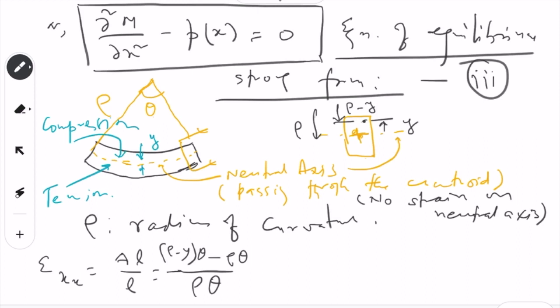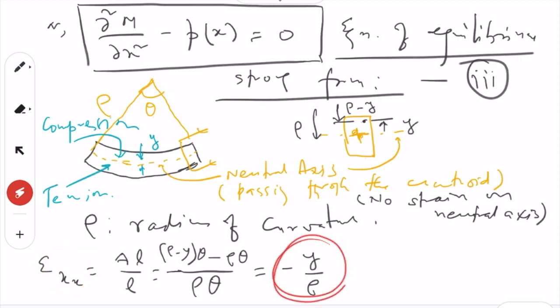We get simply minus y over rho. You can see that, right. The rho theta cancels, so minus y theta over rho theta, and we get minus y over rho. So epsilon xx equals minus y over rho.